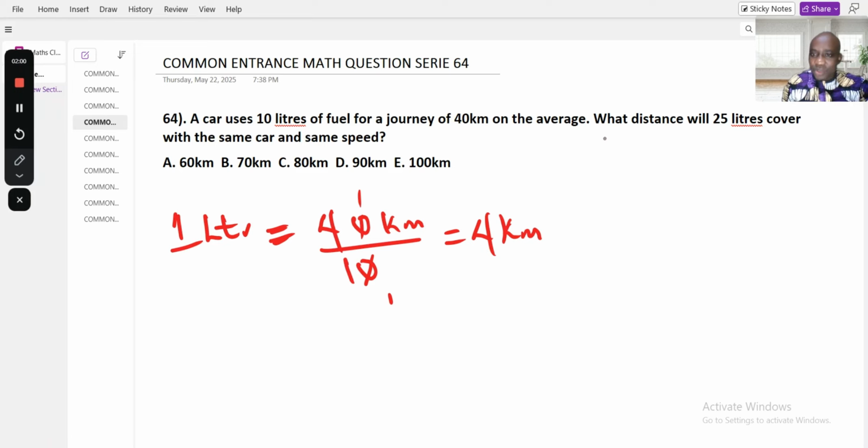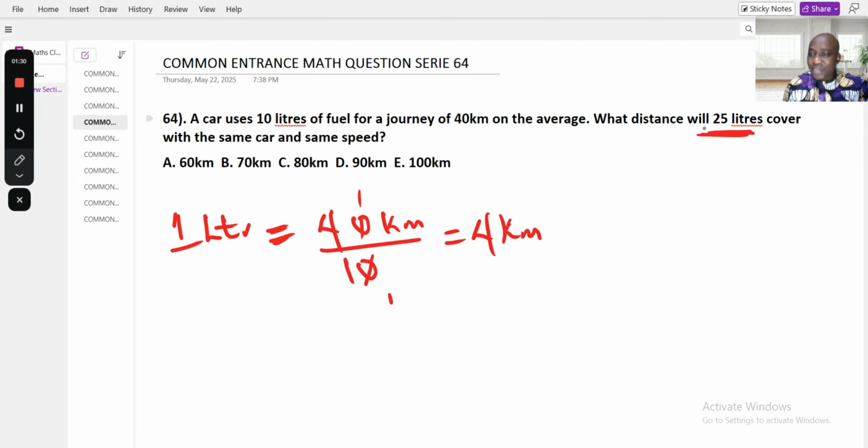Now the question says, what distance will 25 liters cover? For 1 liter, we cover 4 kilometers. If we now pour 25 liters of fuel, you know that the car is going to move a long distance. Therefore, we are going to multiply 25 by 4 kilometers because 1 liter of fuel covers 4 kilometers.